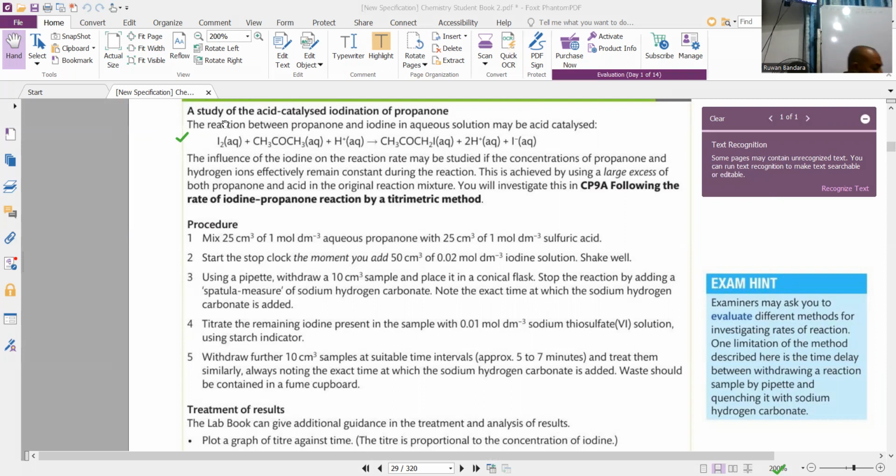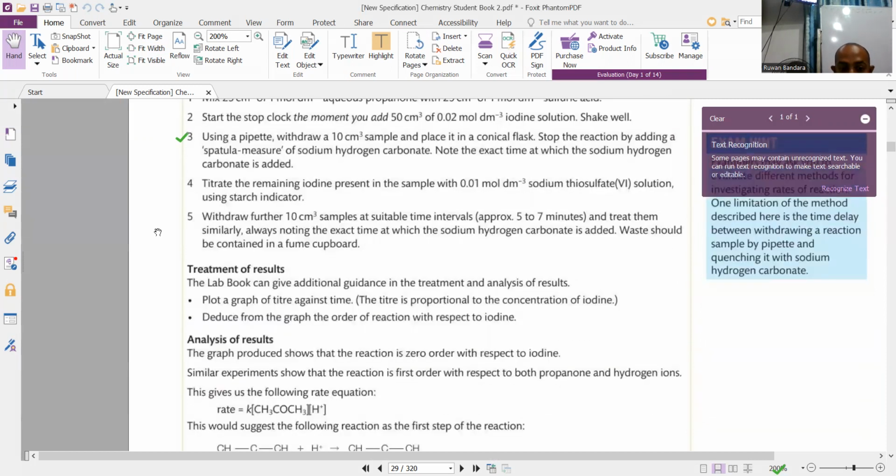This is the main equation. Then this is the rate equation. Copy the rate equation as well.